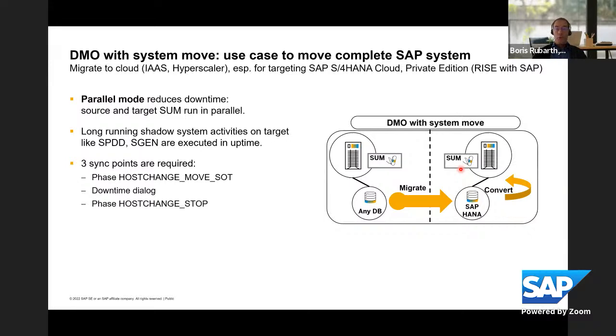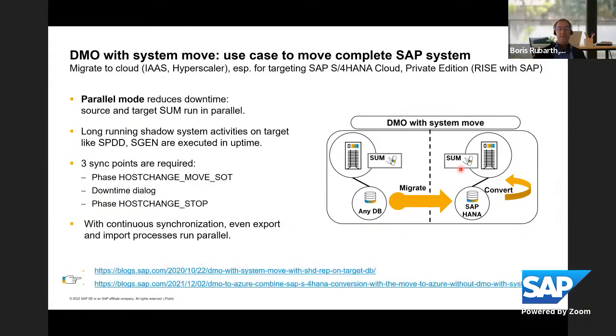These are 3 points in time for manual synchronization, but there is even a possibility if source and target are running on Unix operating systems or Linux, then you can use a script delivered by the software update manager to have a continuous synchronization to even reduce the downtime. Then also export in source and import in target are running in parallel. That is a big advantage. That's the strong recommendation. Use the parallel mode if DMO with system move is used, for example, as part of the RISE project where you move your on-premise system and convert it to S/4HANA Cloud Private Edition in a hyperscaler.